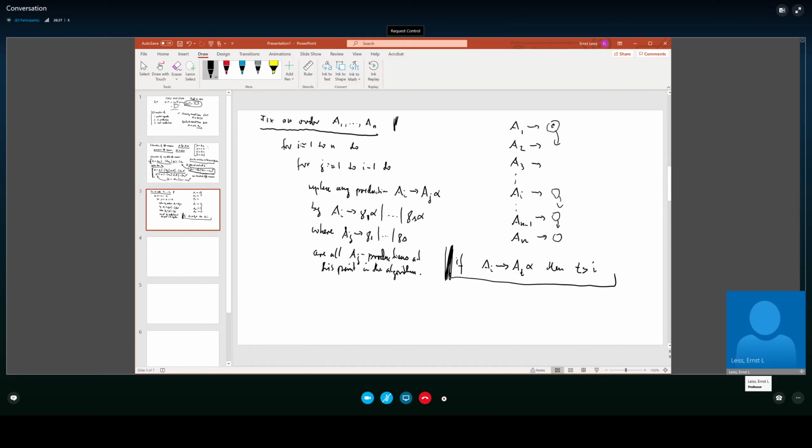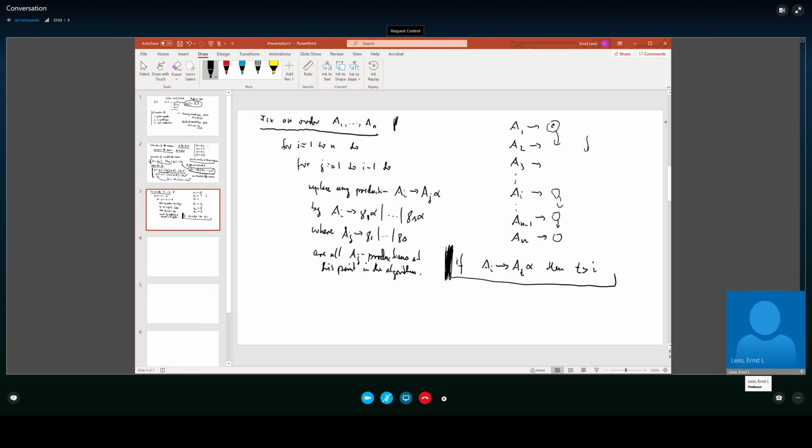Now, as you will see, because of the way in which this process is carried out, the Aj productions, which of course are before the Ai, will already satisfy this requirement. So that means that the Ajs do not start with anything that is A1 through Aj. They can at best start with Aj plus 1 or Aj plus 2 or whatever. And so we're basically pushing this whole thing one step further down.